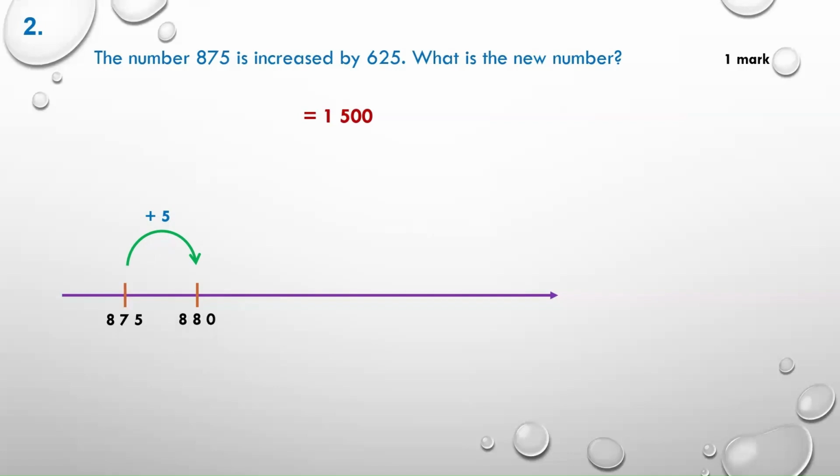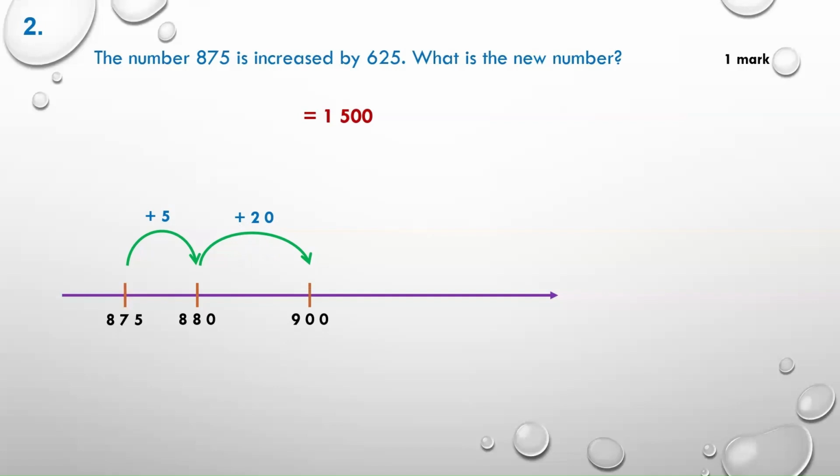And now, after we added the ones, we can look at the place value of tens, and we see what do we have? 20. So we can add 20 to this number. So we're still increasing it. And if we add 20 to 880, what will that give us? It will give us 900. And now we've increased by 5 plus 20, that's 25.